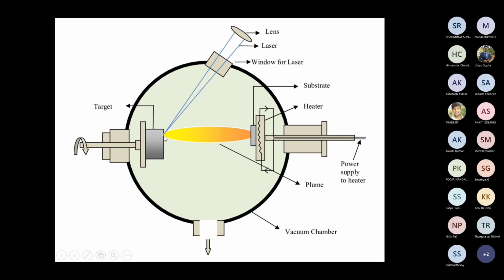Due to the ablation, atoms, ions, and all things will come out, and then there is plasma generation immediately in the nearby region, and finally it is deposited on that parallel substrate.